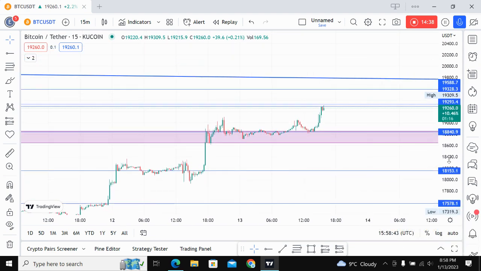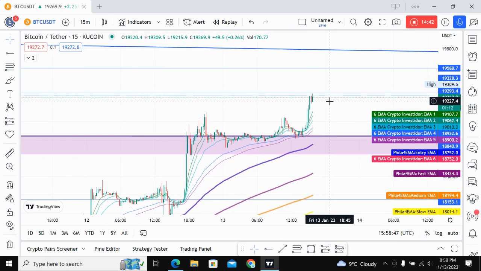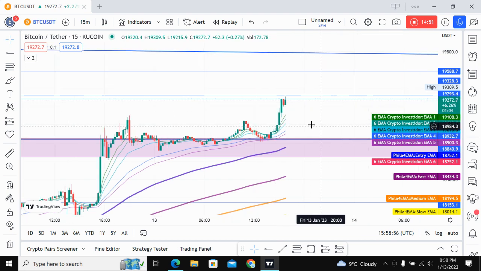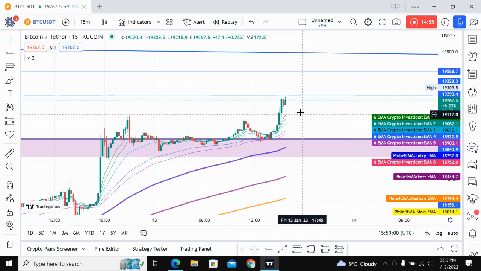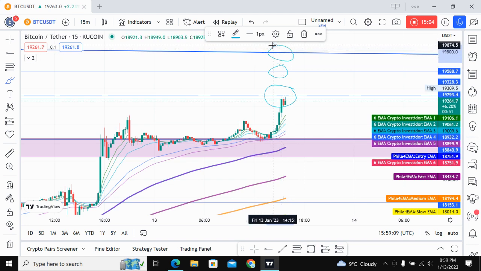If you are a beginner or in the learning phase, you should not consider these things. Okay, so yeah, it's above all the supports and resistances, and the major support you can see, and the major resistance is this line and this line.